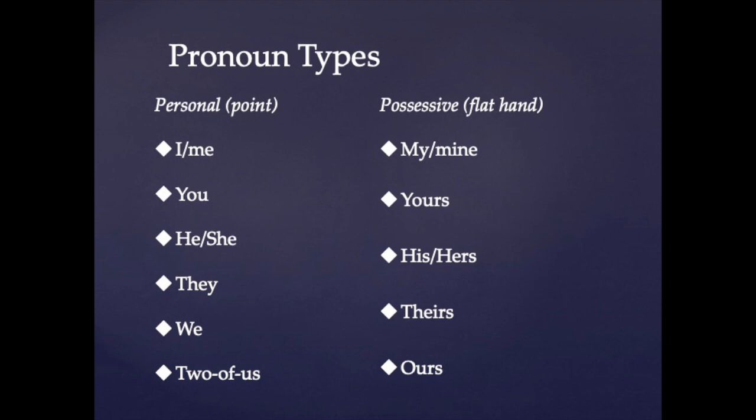The sign yours should be produced while you maintain eye contact with the person you are addressing. The sign theirs has a sweeping motion similar to the sign they, but it is produced with a flat hand. The sign ours is a combination of mine and theirs. Watch me demonstrate.